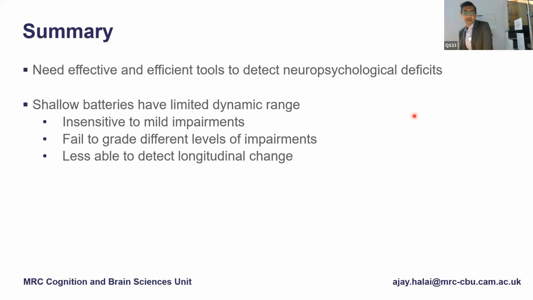That will not only help us identify mild deficits, but we can then use this type of scoring for many kinds of analysis. I'm very interested in longitudinal change, and of course, the more graded steps you have, the more sensitive you can be to longitudinal change.